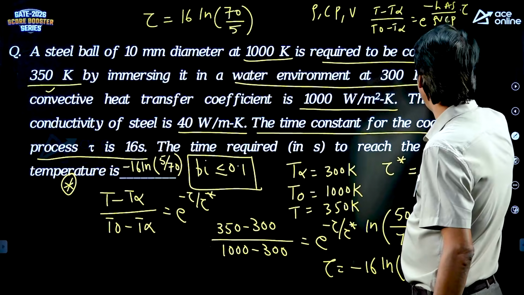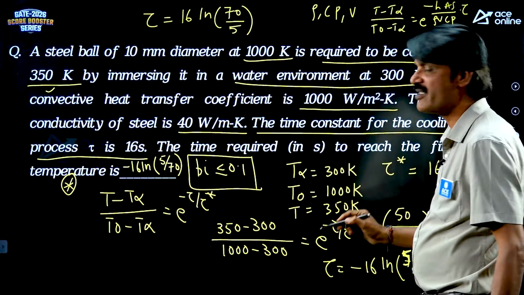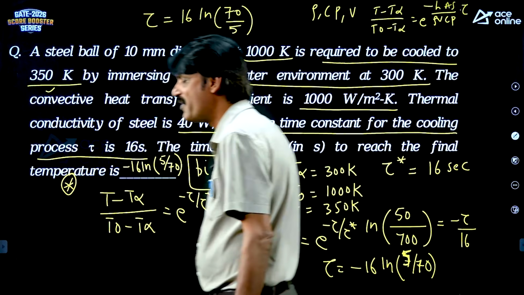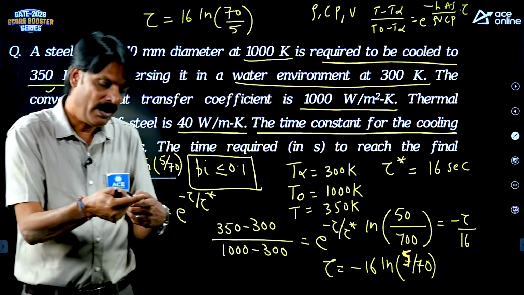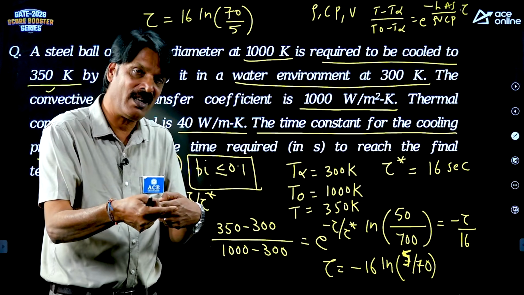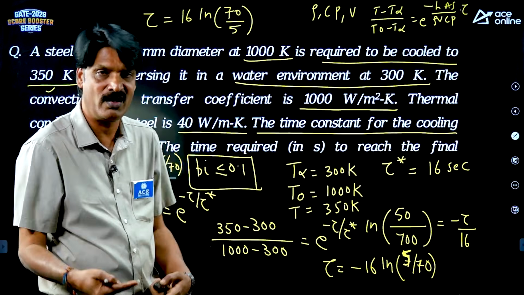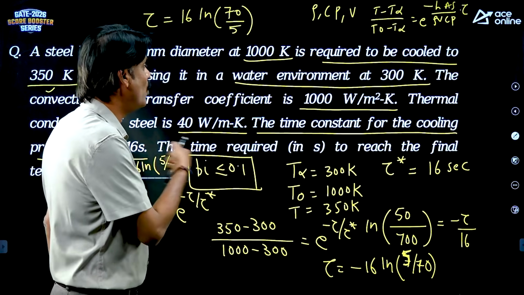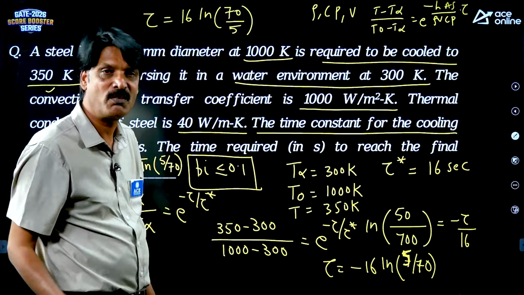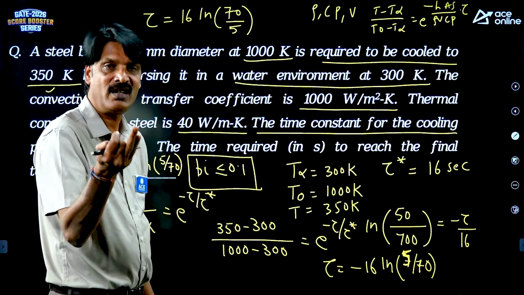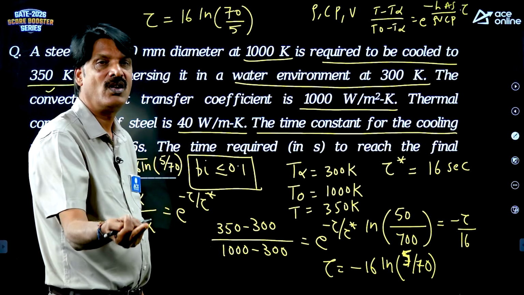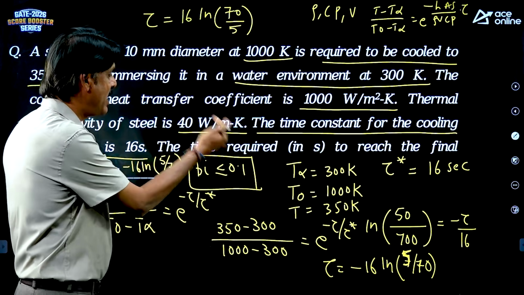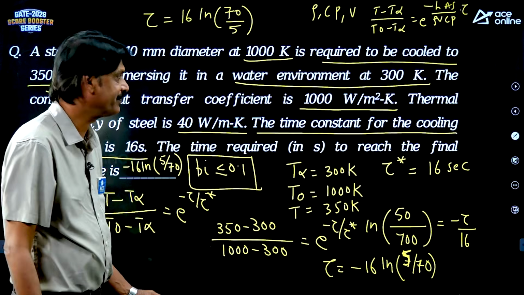This rho V Cp by h into As, which is thermal time constant, he has given it as 16. So, the examiner has made one calculation and given you, so that you will try to solve the situations. This is quenching problem. There is a quenching problem in heat treatment. You have annealing, normalizing, quenching. So, quenching problem, he has asked you what is the value.